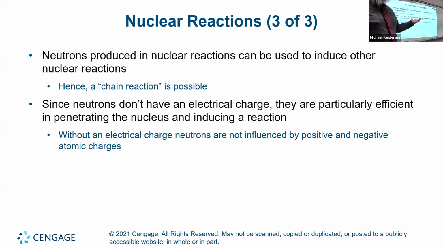And neutrons produced in nuclear reactions can be used to induce other nuclear reactions, so you can get a chain reaction. And since neutrons don't have an electrical charge, they're particularly efficient in penetrating the nucleus and inducing a reaction. Without an electrical charge, neutrons are not influenced by positive and negative atomic charges.